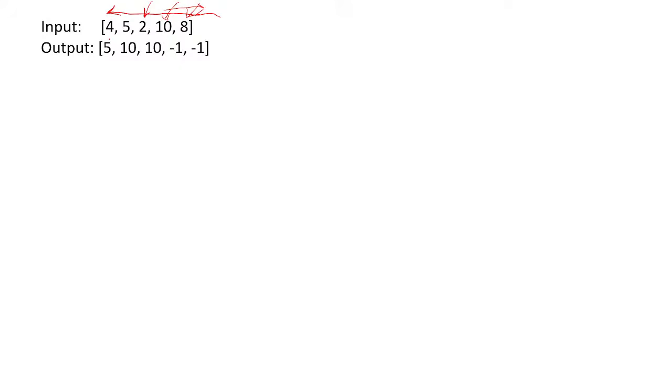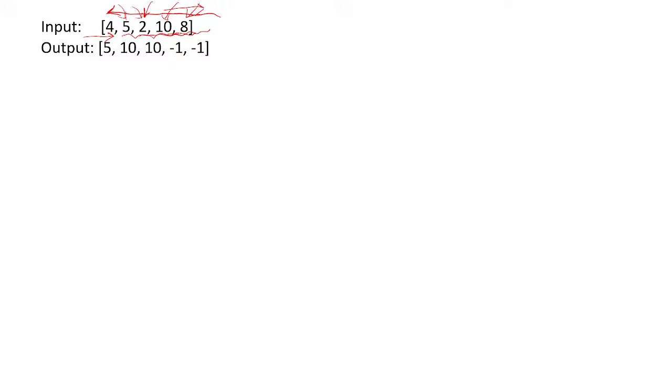But if you traverse the array from left to right, for the first element you don't know which greater element is present on the right. That means in the worst case you need to traverse the entire array. Even for the second element, again you need to traverse the entire array. For the third element also.